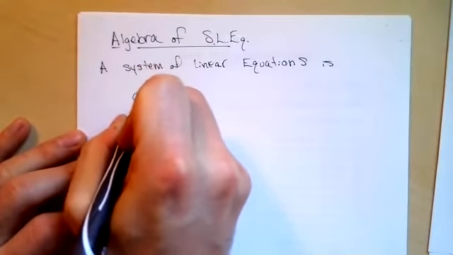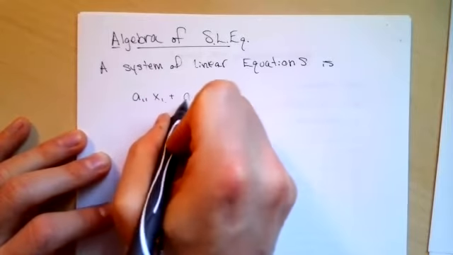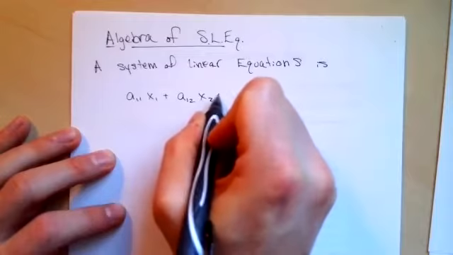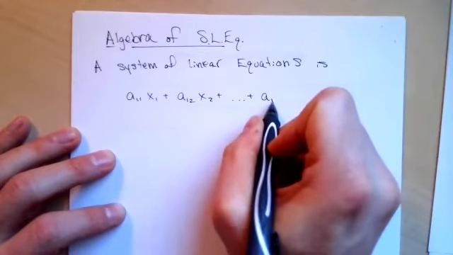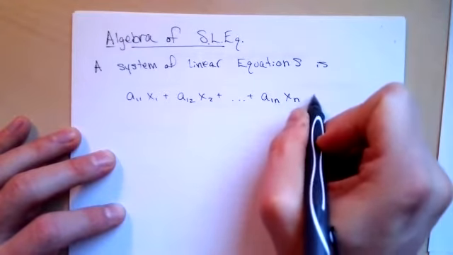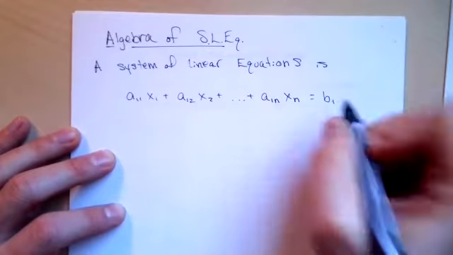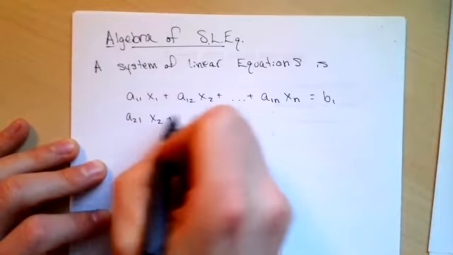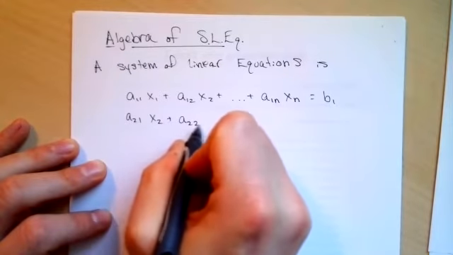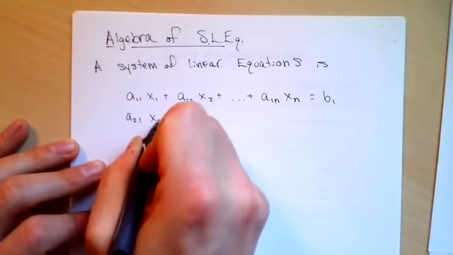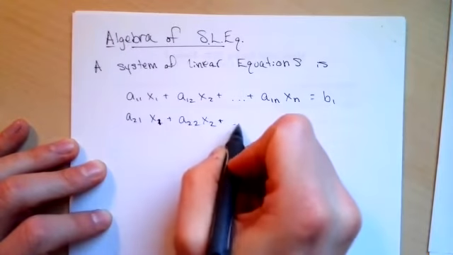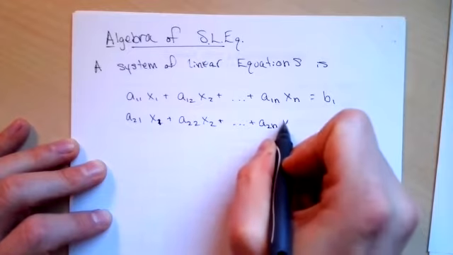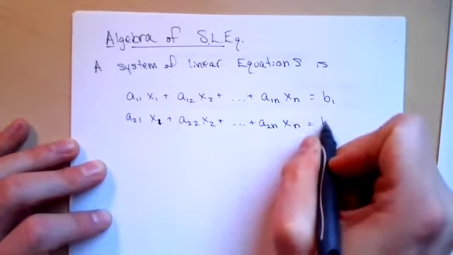So it looks like this: a11 x1 plus a12 x2 plus a1n xn is equal to b1. a21 x1 plus a22 x2, sorry, x1 here, plus a2n xn is b2.